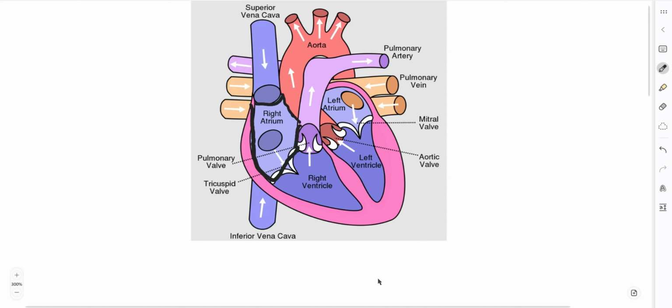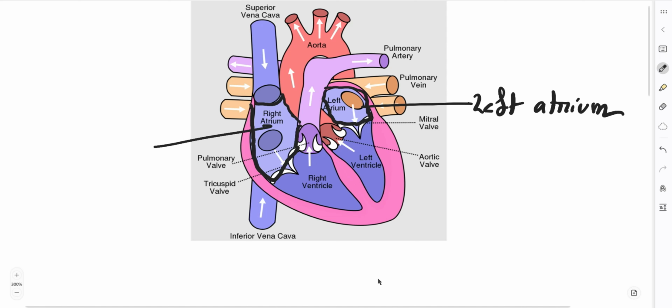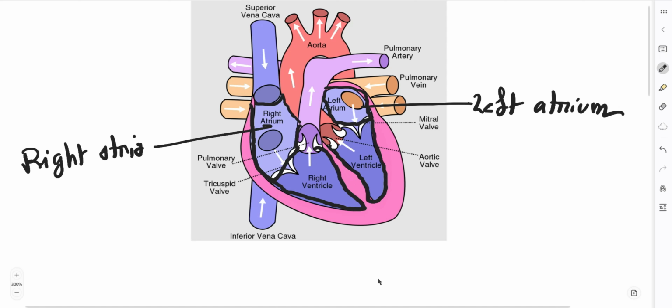This is the left atrium. Let me write it down. This is the left atrium, and this is the right atrium. Then this is the right ventricle, and this is the left ventricle.